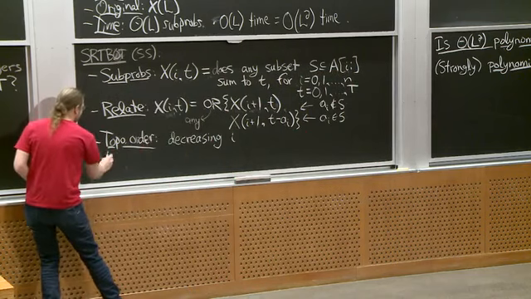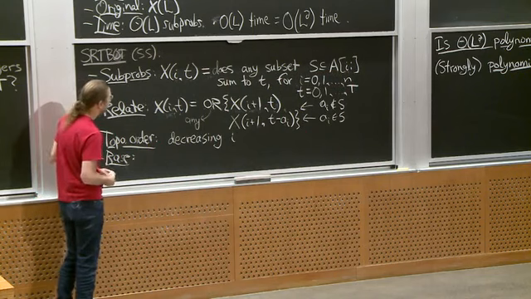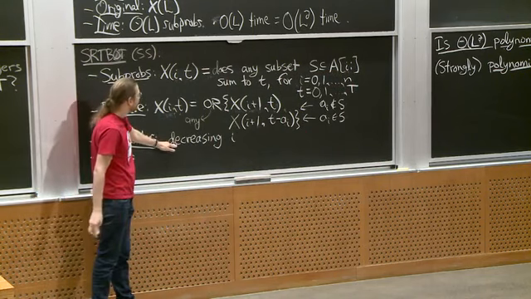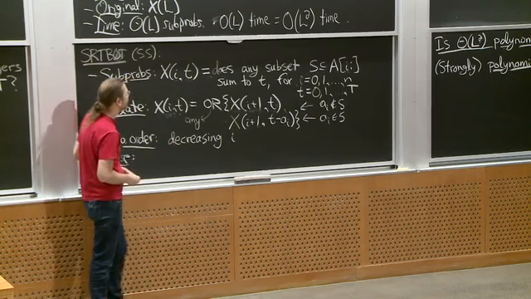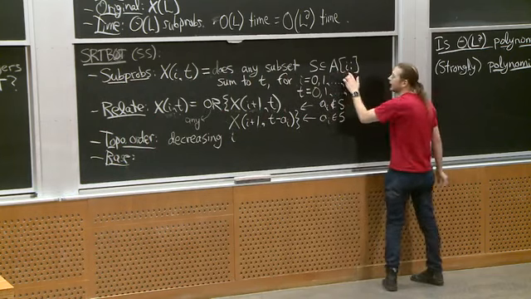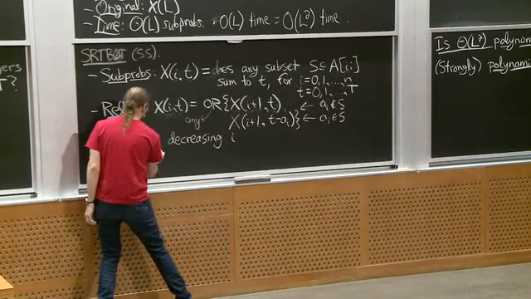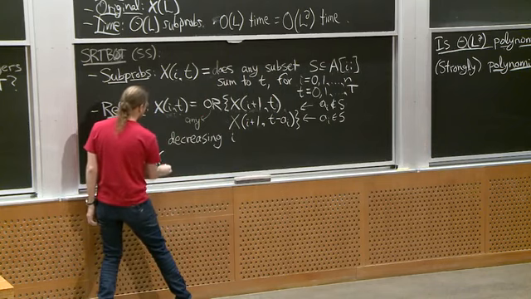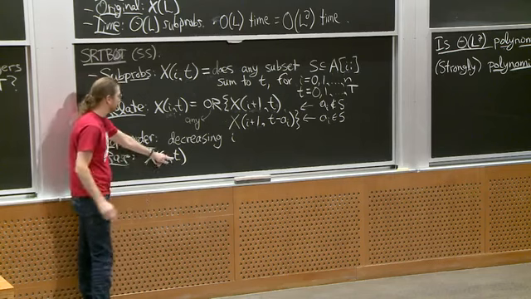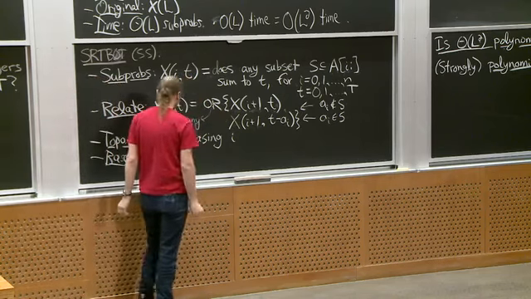OK, we need a base case. Base cases, let's see. Given this aspect, I think the natural thing is to have a base case when my suffix is empty, which is when i equals n. So this is x of n comma t for any little t, because we don't have a lot of control on how t is changing.